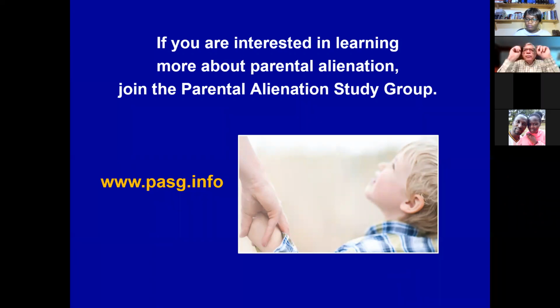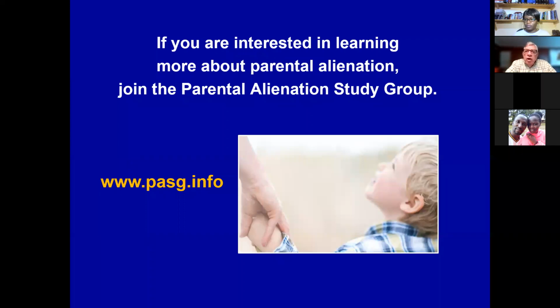For instance, it can be between the grandmother and the father. Suppose the mother's mother gets all involved and the maternal grandmother can be the person who's engaging in the alienating behaviors against the father. And so that's another way. Or still another way is a therapist.